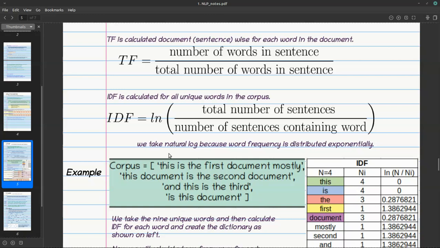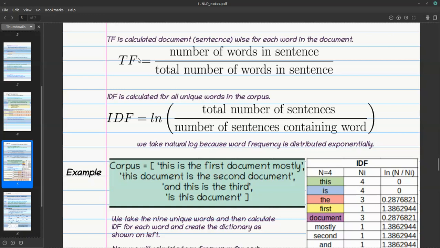So inside this document we have these terms. These are all nothing but terms. What TF is saying, TF is nothing but the term frequency, and it's calculated document-wise. Because using term frequency, we are trying to find out the meaning at the local level. What I mean by local is at the document level.